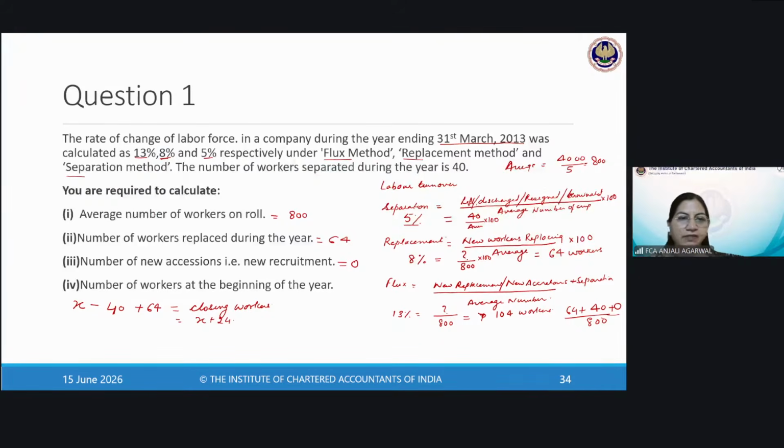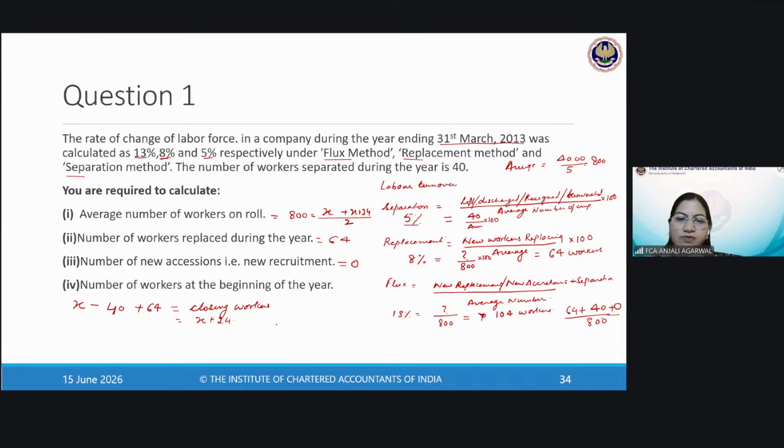Now, how do you calculate the average? Average is opening plus closing divided by 2. So (2X plus 24) divided by 2 is 800.